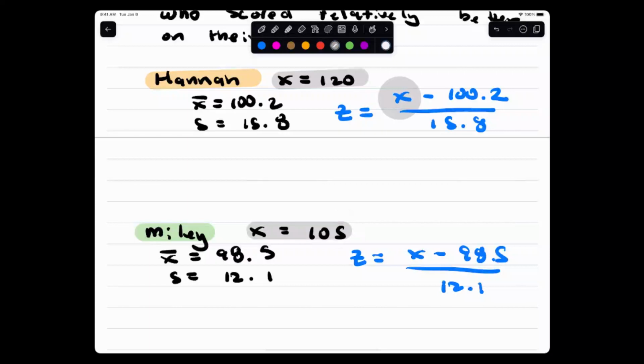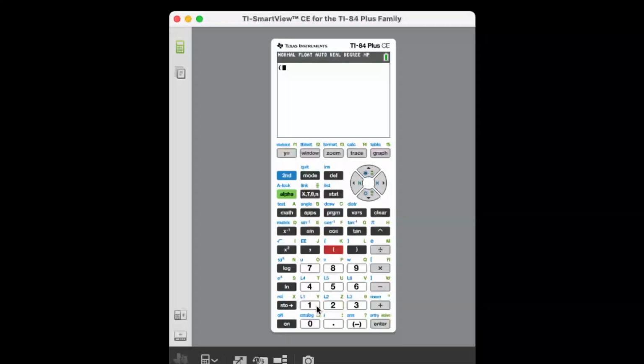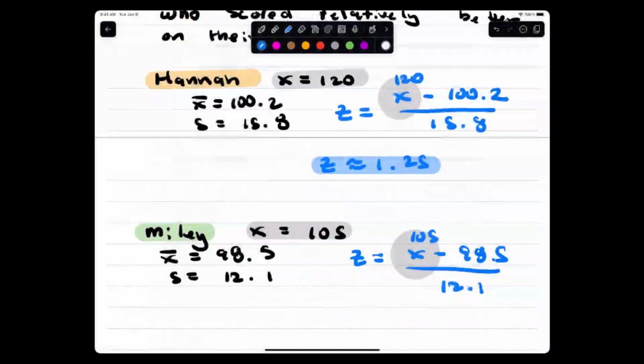So plug that in. 120 minus 100.2 divided by what? And what do you end up with? 1.25. Okay, so you go, okay, this is 1.25.